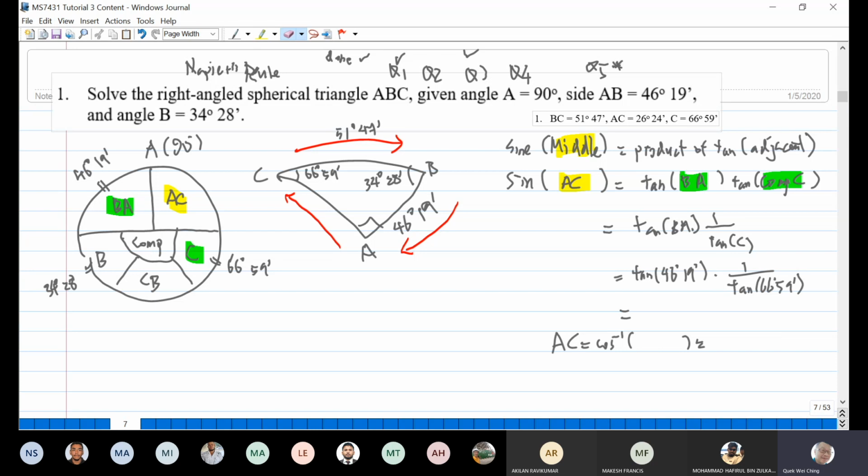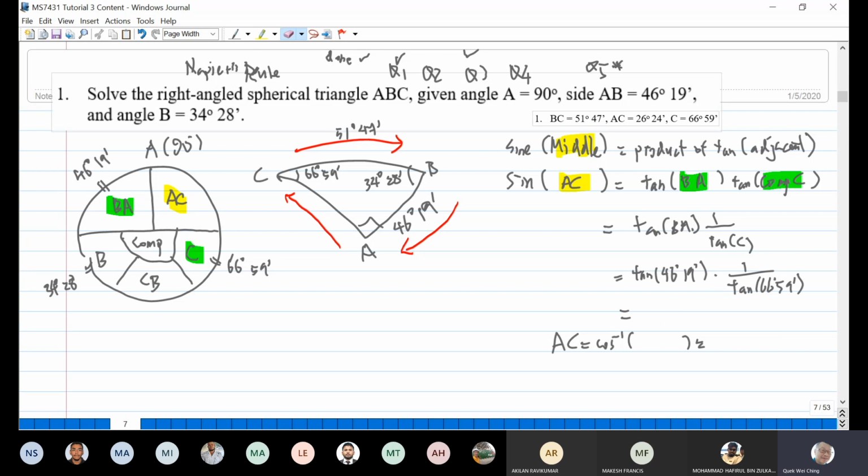So I think a bit trouble here. So let's see what is this now. Find out tangent of 46 degree, 19 minutes, divided by tangent of 66 degree, 59 minutes. You get 0.4448. Okay, so this is 0.4448 here.